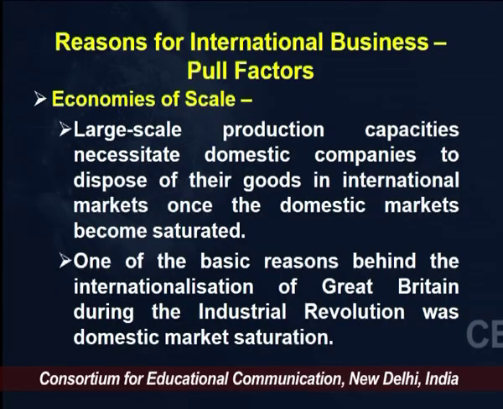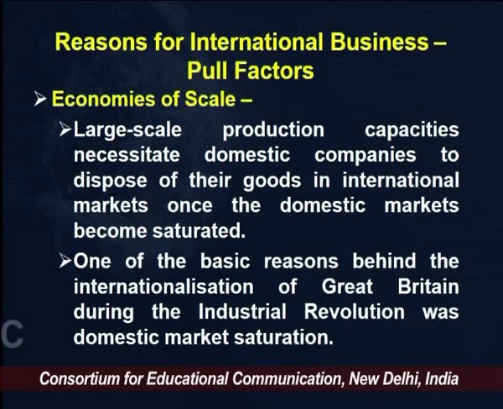Then another is economies of scale. You know that large scale production, if it takes place, then the per unit cost of production will go on decreasing up to a certain level. So, large scale production capacities necessitate domestic companies to dispose of their goods in international markets once the domestic markets become saturated.